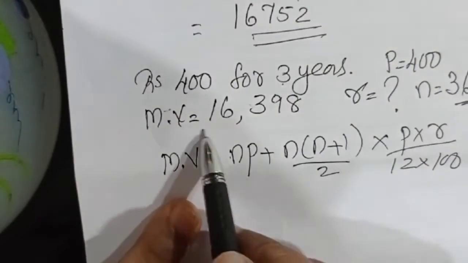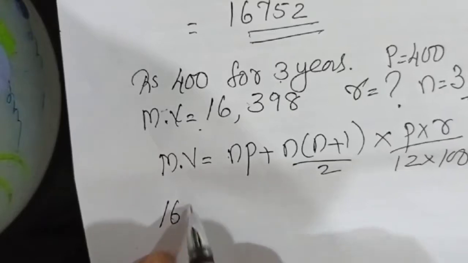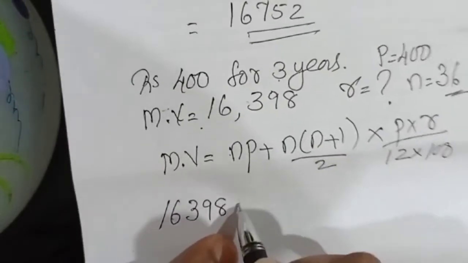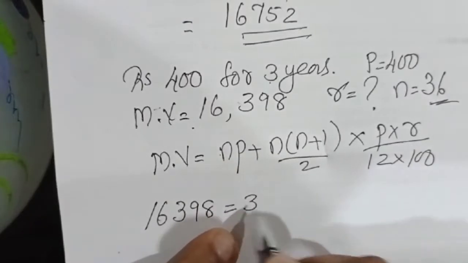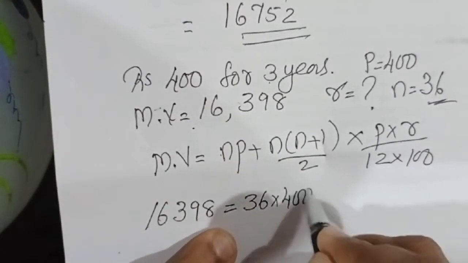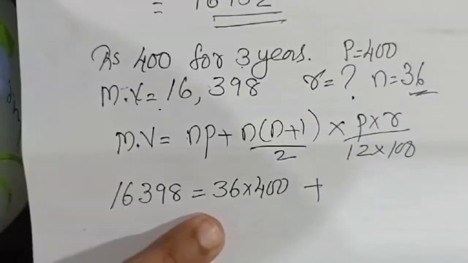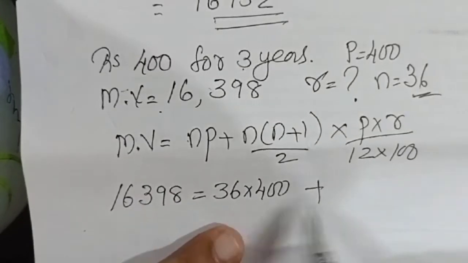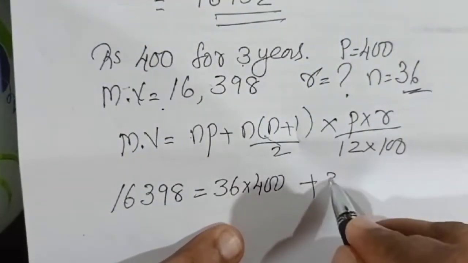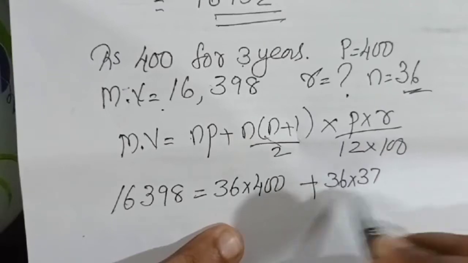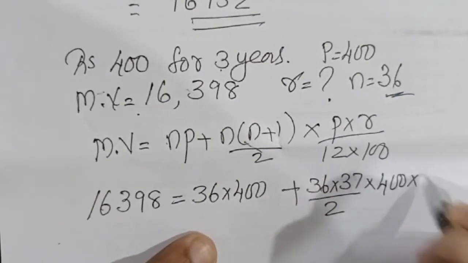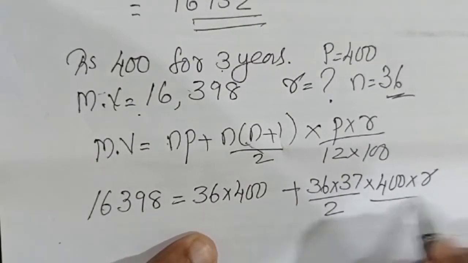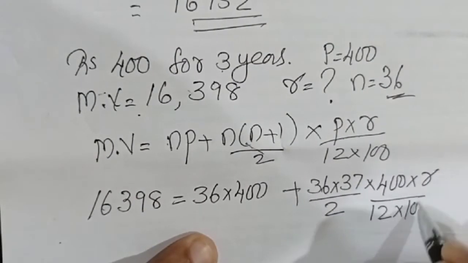Now in the place of maturity value, write 16,398 equal to NP. What is your N? 36 into 400. Plus, leave some space there. Plus N means 36 into 37 by 2 into P is 400 into R is not given. R by 12 into 100.